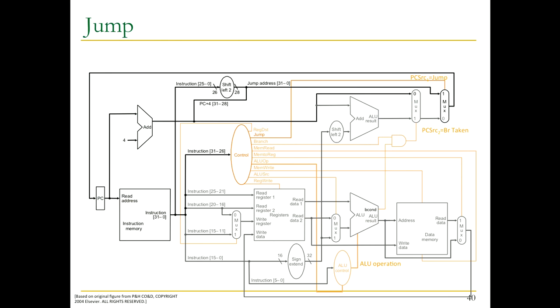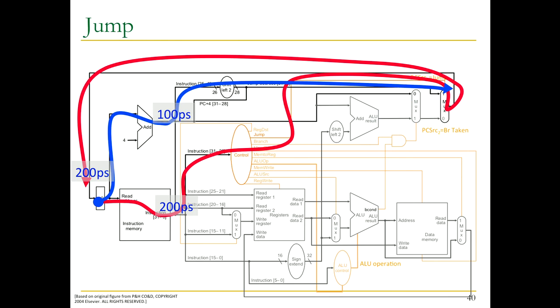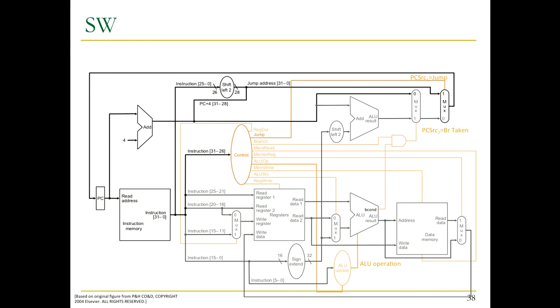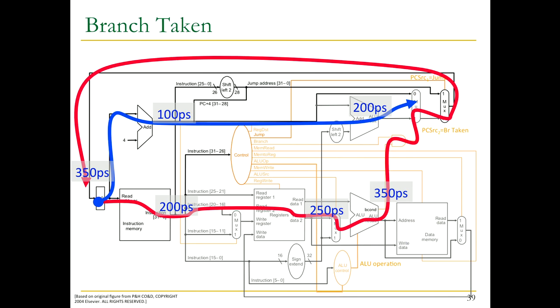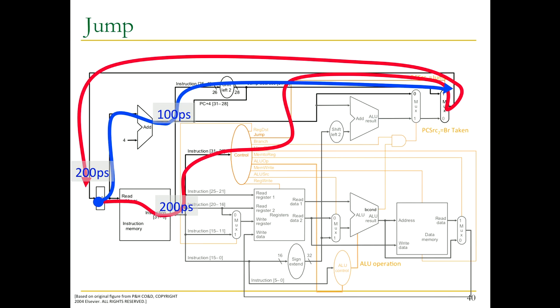Okay? Jump is not that interesting because you determine your address very quickly in a jump. You don't go through the ALU to determine the branch condition. It's an unconditional jump. So basically, as you've seen, the critical path goes through the load, in this case also, as you've seen in the previous last week as well.